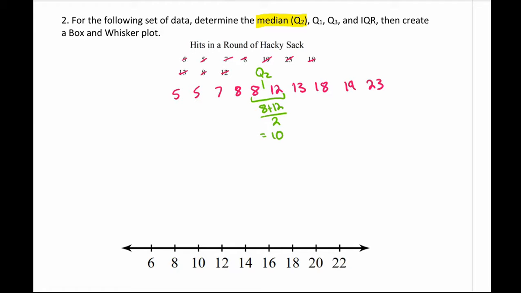Q1 is the median of the first half of your values. So I'm looking at these values right here, the first half, and I'm trying to find what the median is. In this case, there are 5 numbers, 1, 2, 3, 4, 5. So that means my Q1 is the middle number, which is 7.